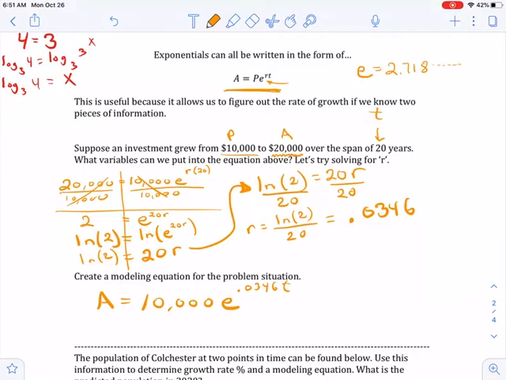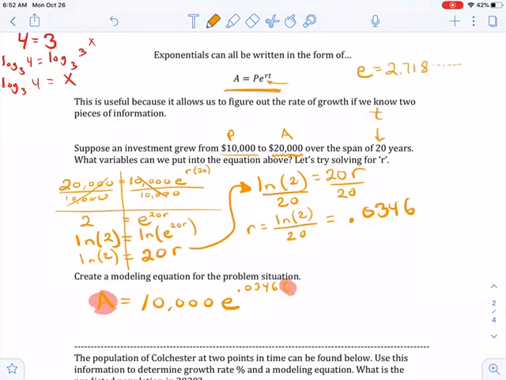So notice what I've left as variables are really kind of like x and y basically. So I left a as a variable and t as a variable here, because now I have an equation where if somebody told me a point in time, then I can go and figure out another amount that our investment has grown to.